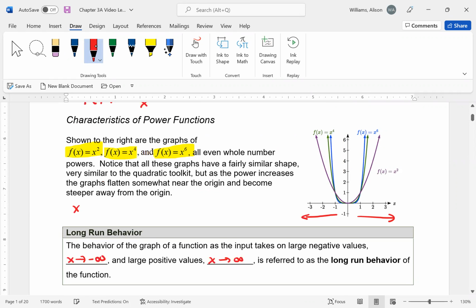So as x goes to negative infinity, f of x is going to negative infinity, and as x goes to positive infinity, f of x is going to positive infinity.